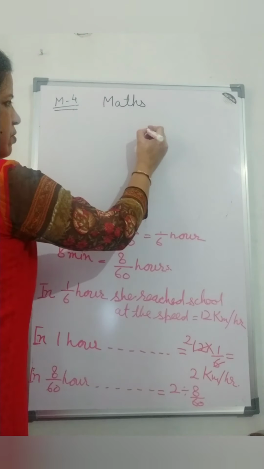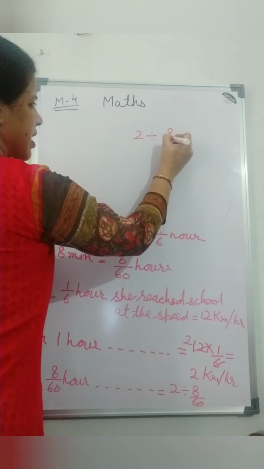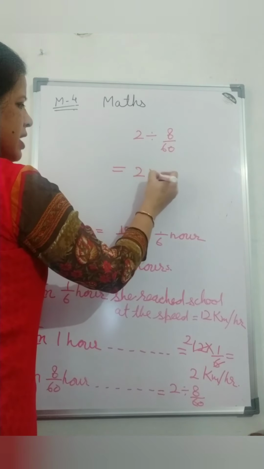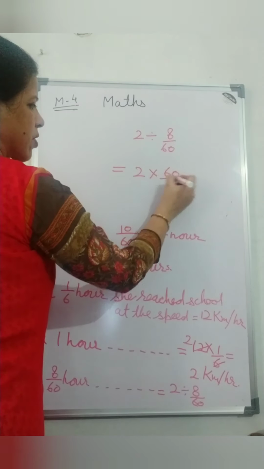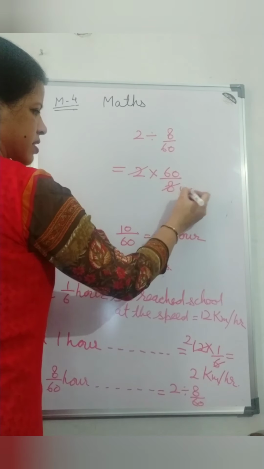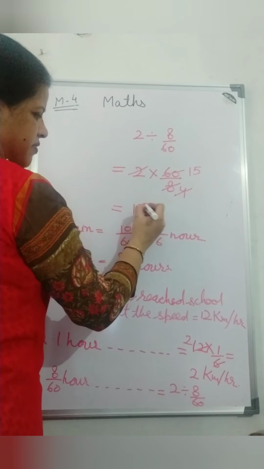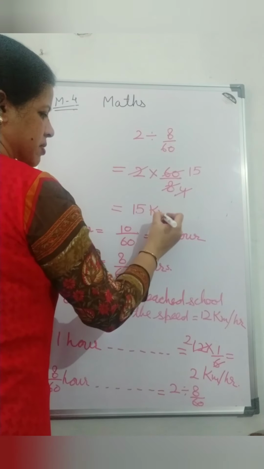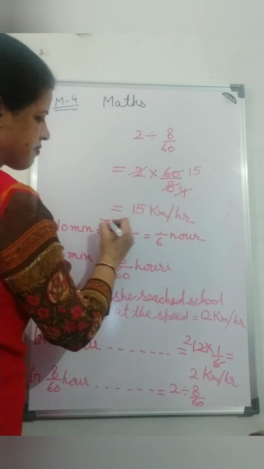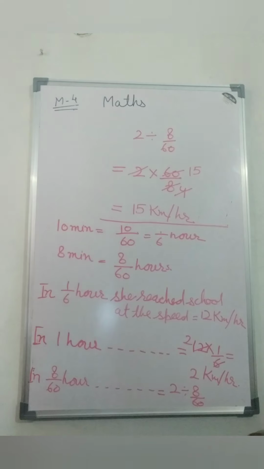That is equivalent to 2 multiplied by 60 upon 8, and 2 and 4 cancel. So the answer is 15 kilometer per hour. Hope you understand this one. Thank you, class.